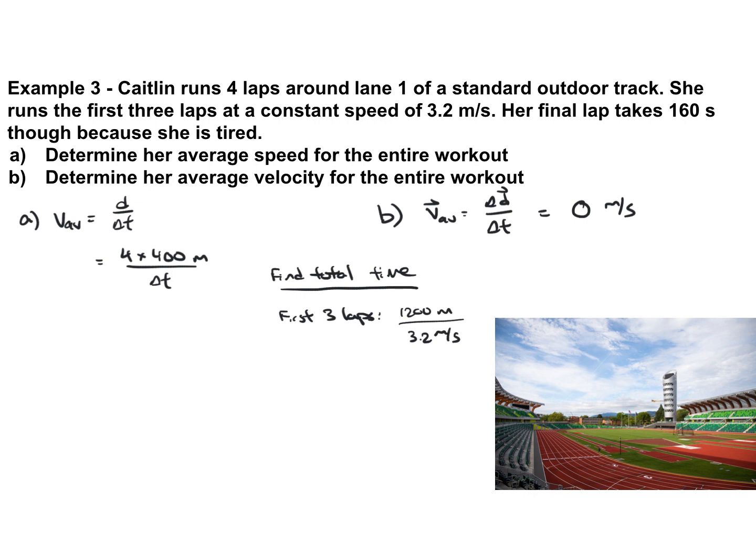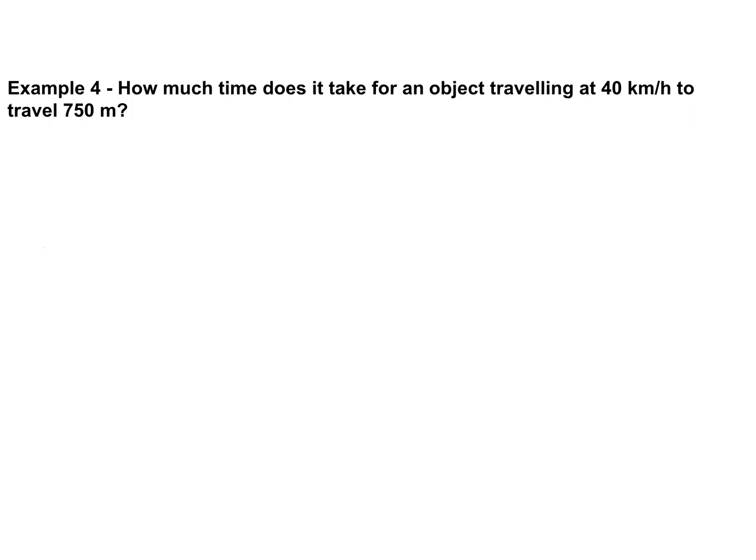That'll tell you how many seconds it took to run those 3 laps. And then the final lap was straight up 160 seconds. They told that to us straight up. So the total time then, going back to my solution here, I'm just going to write the expression.